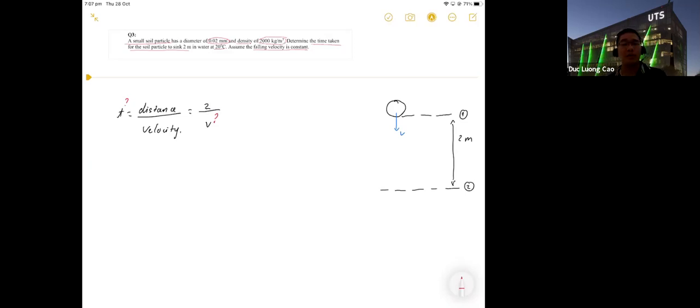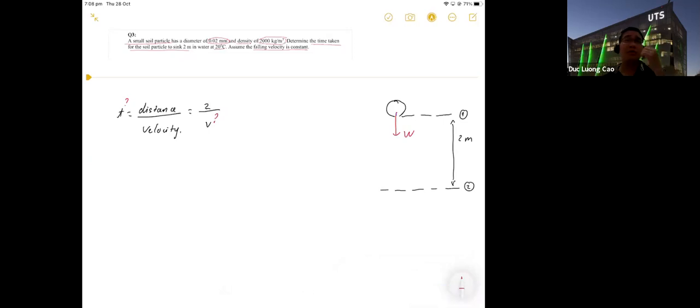First, we have the weight of the particle. Weight, drag, yes.